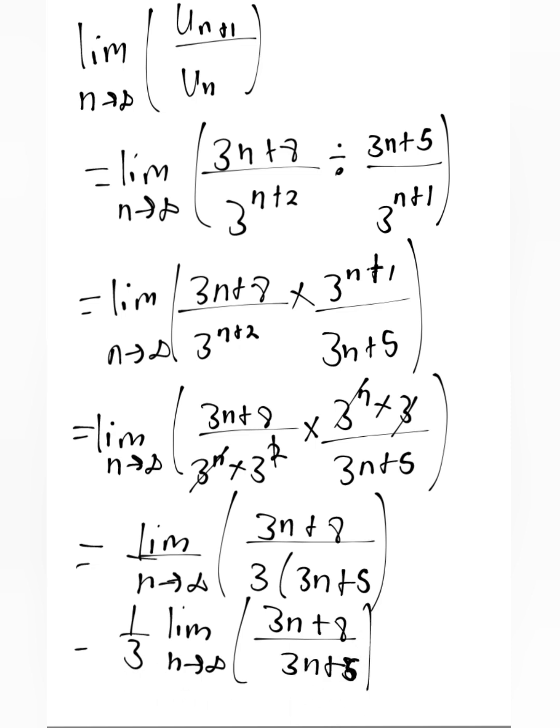We're very close to the answer. At this point what we have now is 1 over 3, the limit of 3n plus 8 all over 3n plus 5. Now we're going to divide all the terms by the highest power of n.